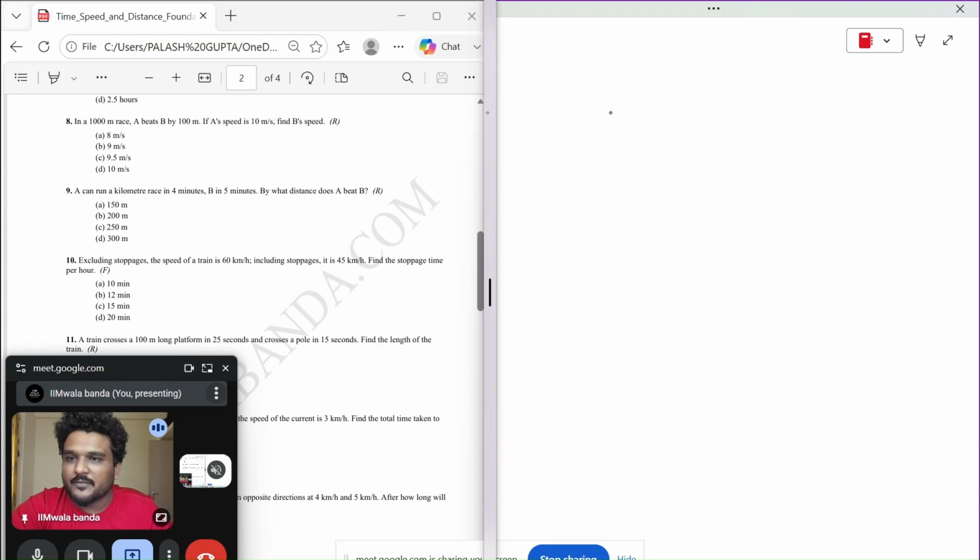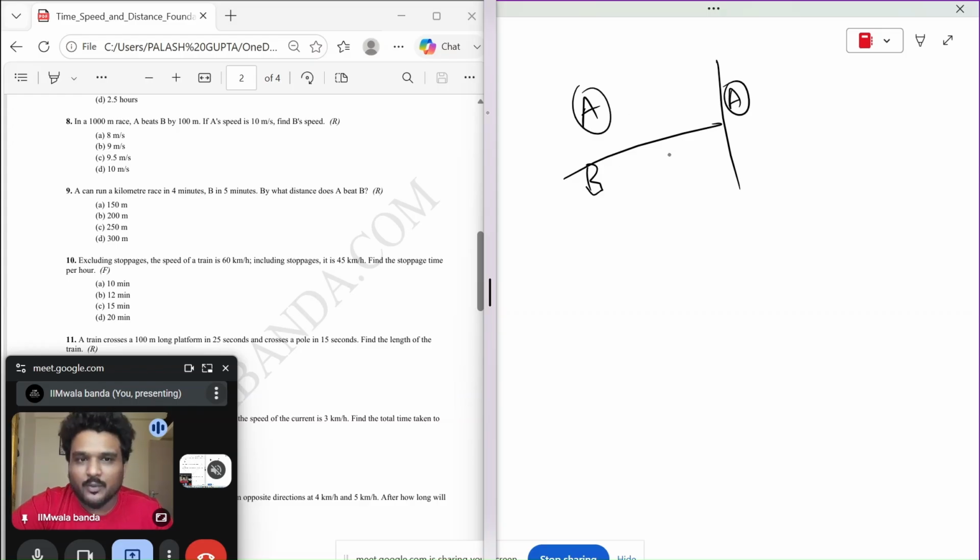Let's go. This is another very important type. Basically there are two people who are racing each other, and most of the time, what happens is that one of them will reach the finish line first, and once they reach the finish line, the slower one will be somewhere away from the finish line. In this example, let's say it was a 1 kilometer race.